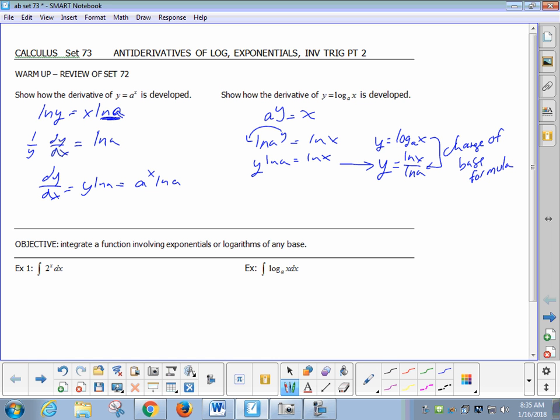If you didn't like log base a, you could change it to natural log, which for a lot of calculus reasons we would want to do, by rewriting it as natural log of x over natural log of whatever the base is. Okay? That said, you could take the derivative here or there. Either way, y prime, or dy/dx, is 1 over x natural log of a. Does that look familiar? Yes?